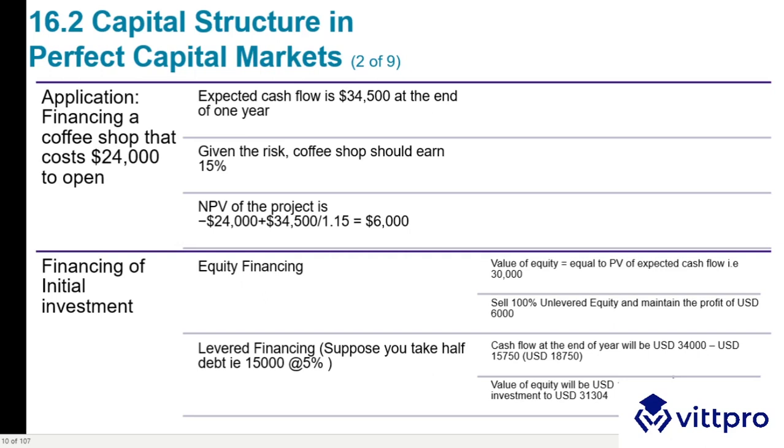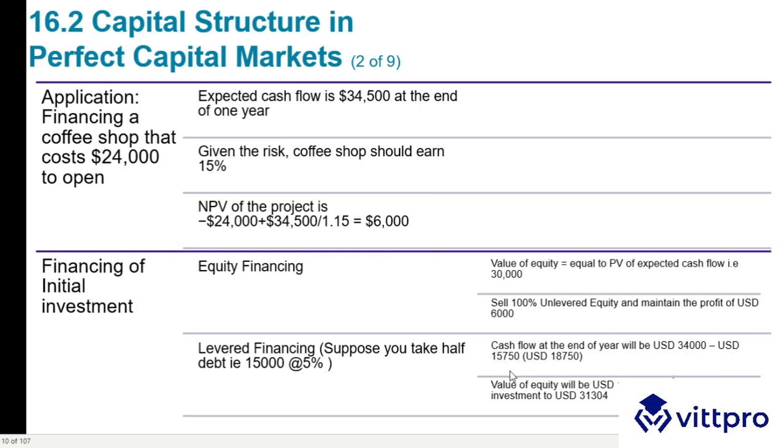The other choice you have is you sell only half. I mean, you take half of the loan. You don't sell 100%. You sell 50% only, meaning the equity gets 50%, debt gets 50%, but the debt is only at a 5% rate of interest, right? So the total cash outflow at the end of the year is going to be 34,500 minus 15,750.